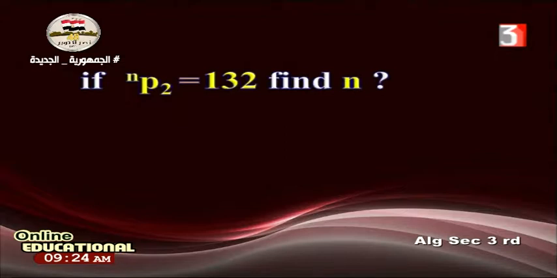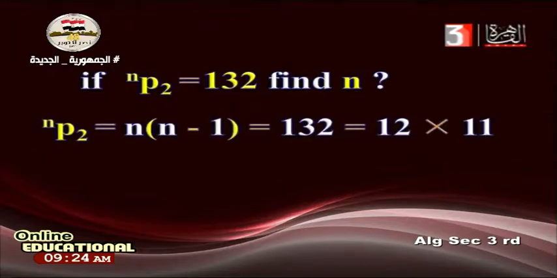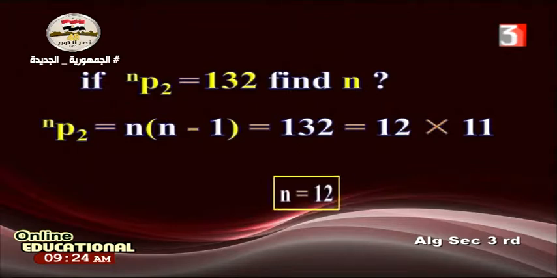Therefore, n equals 12. Or nP2 we can put as n multiply n minus 1 equals 132. We factorize 132 into two numbers, 12 times 11. Then n equals 12.